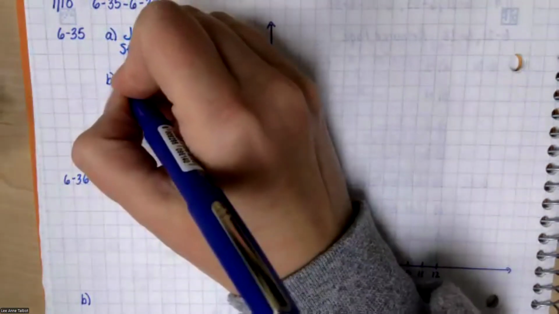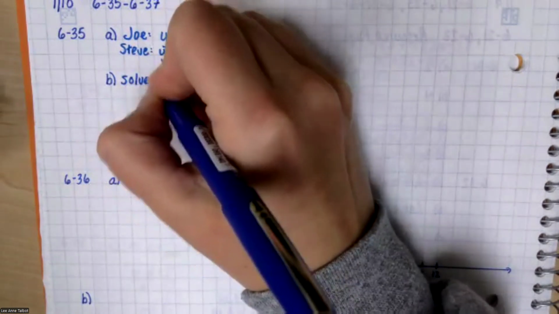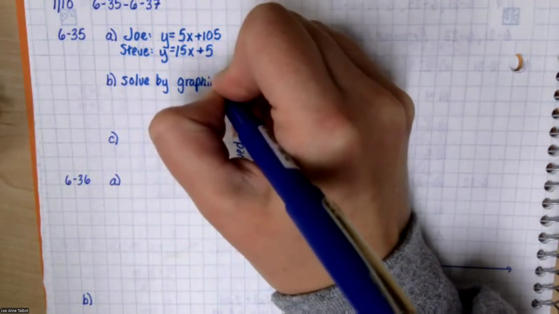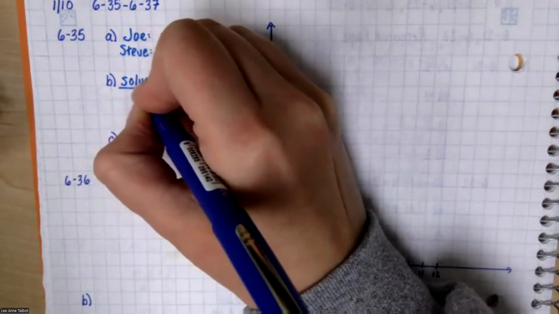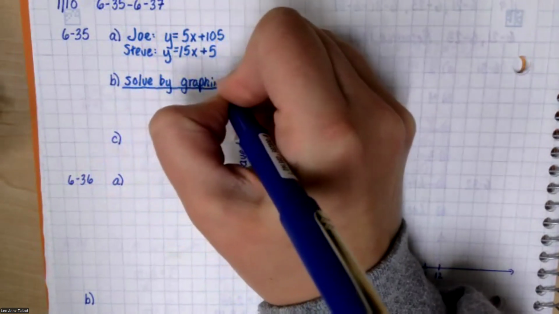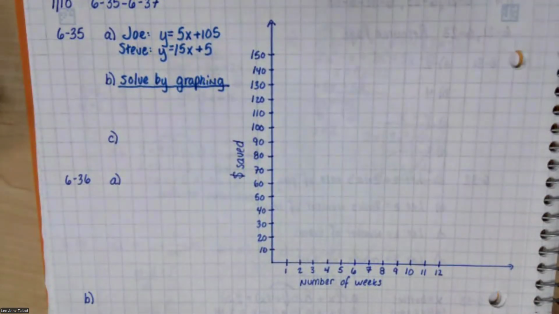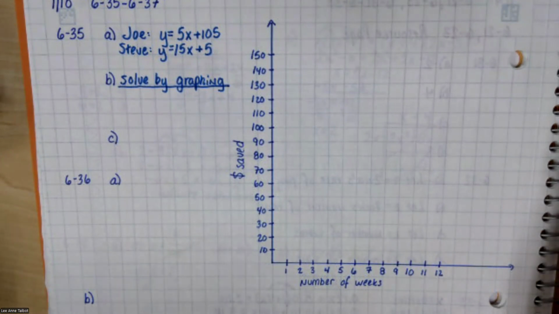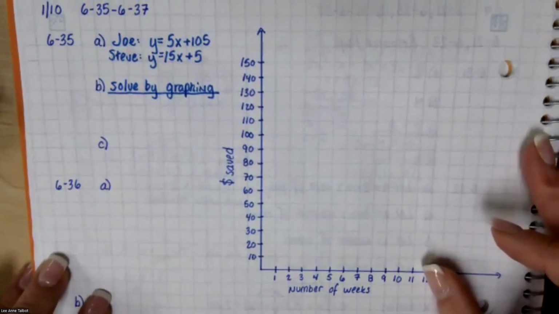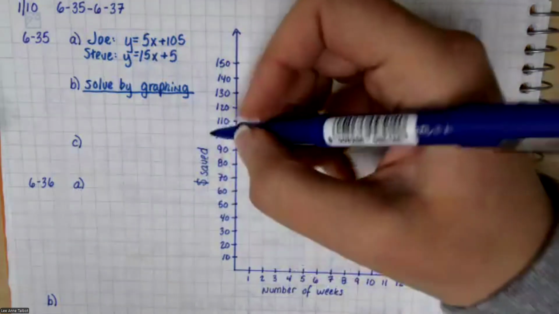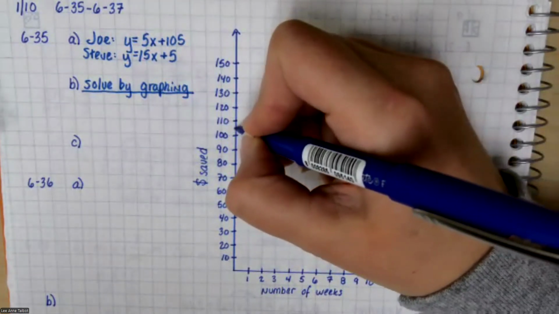So this is going to be called solve by graphing. Try to be careful with your graph because we're going to try to find out where they cross, like what coordinate. Okay, so 105.